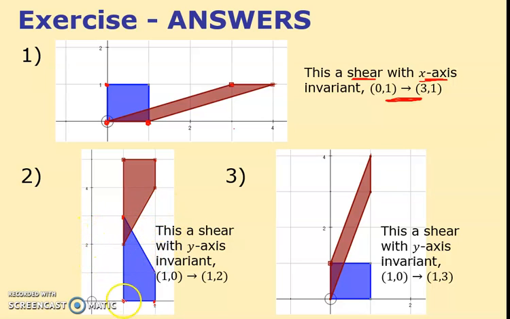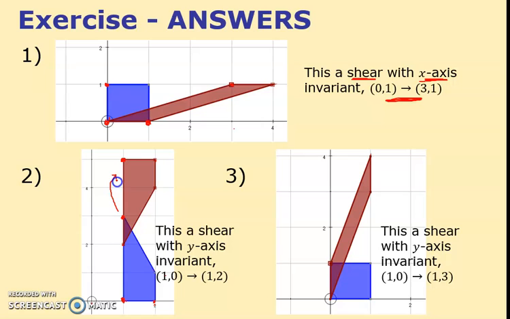So this point here is 1 away, and that point has gone 2 up. It says 1, 0 went to 1, 2, and it did. That point went to there, and this point here is 1 away, so that also went 2 up. That's gone to there.